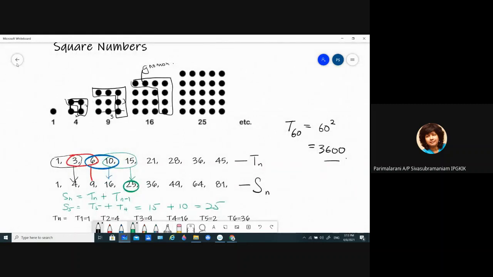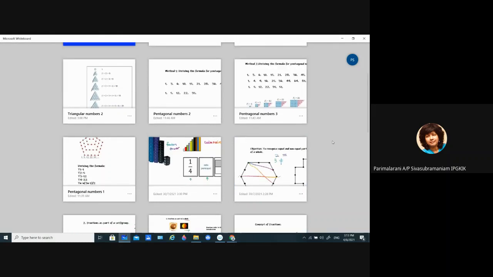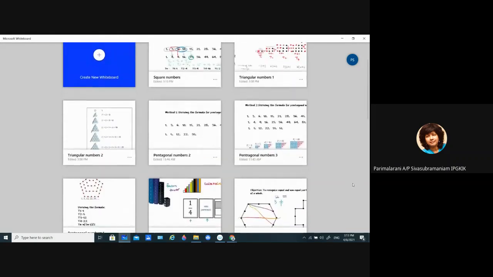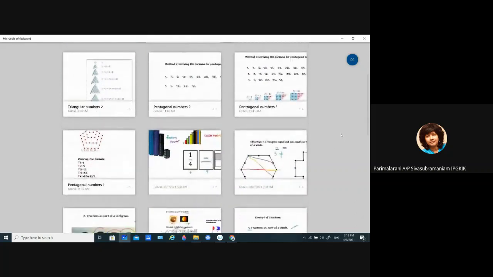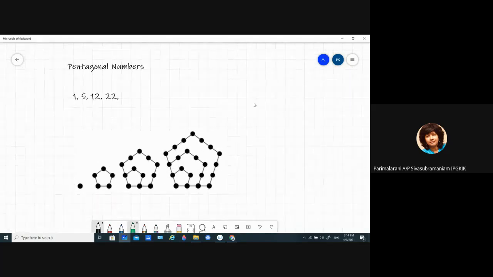Okay, so now we're going on to pentagonal numbers. Pentagonal numbers begin with 1, 5, 12, 22, and so on.